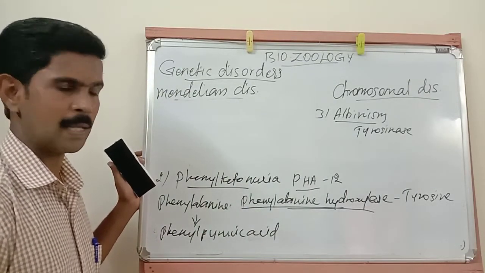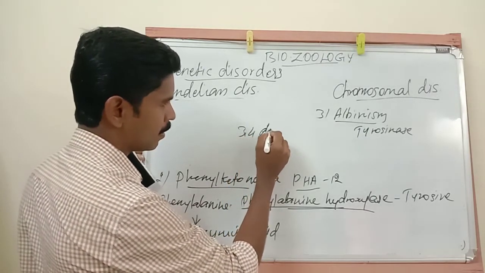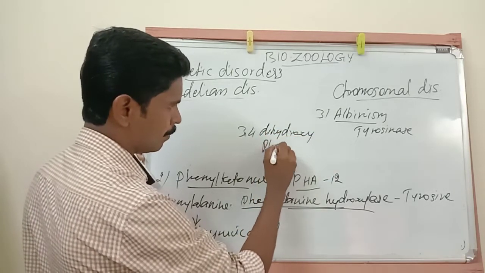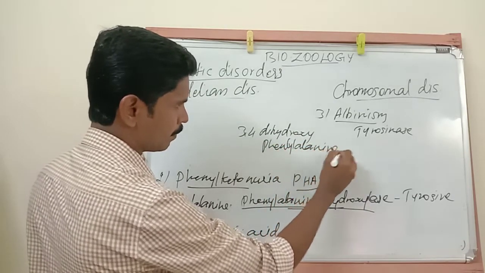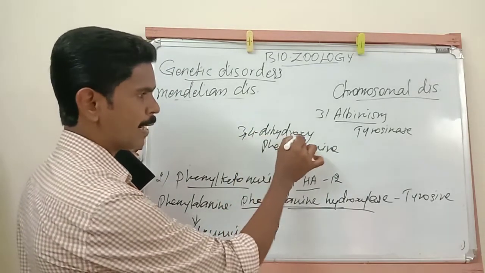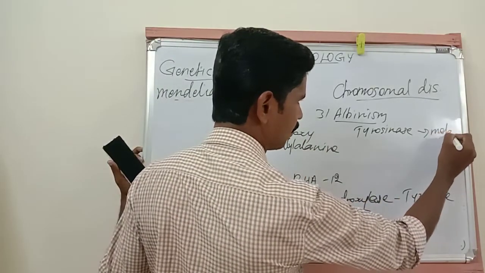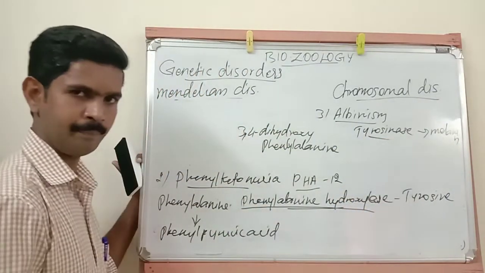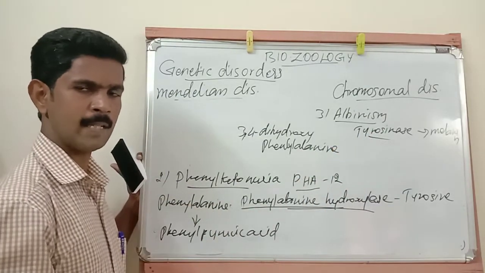The name of that amino acid is 3,4-dihydroxyphenylalanine. This 3,4-dihydroxyphenylalanine is converted into melanin with the help of this tyrosinase enzyme. Understand? So here also, this tyrosinase enzyme production is controlled by some genes.